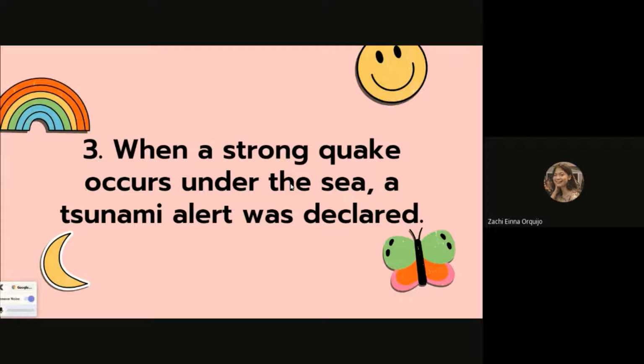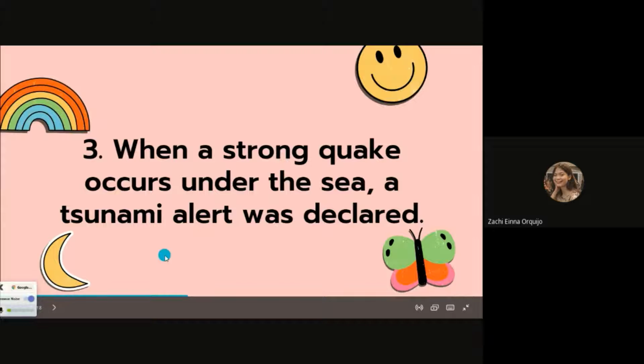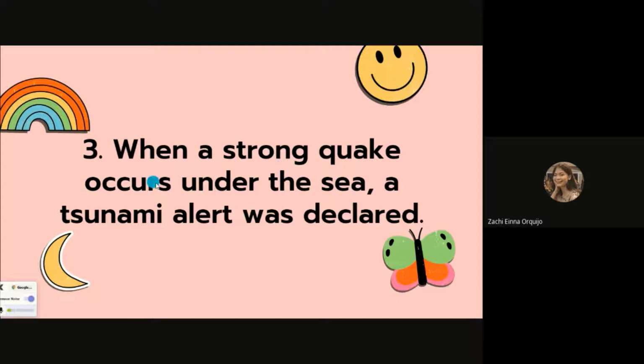At ang epekto nito ay pagde-declare or pag-i-inform or pagre-remind sa mga tao na malapit dun sa dagat na pwedeng magkaroon ng tsunami. So, ang cause po ay yung pagkakaroon ng strong quake under the sea at ang effect or bunga ay yung pagde-declare ng tsunami alert. Okay? So, yun po ang cause at yun po ang effect.